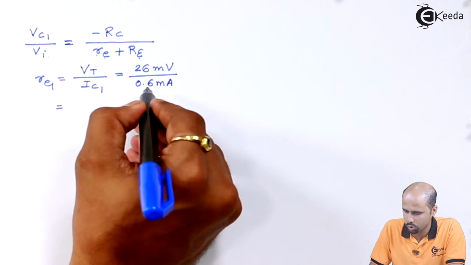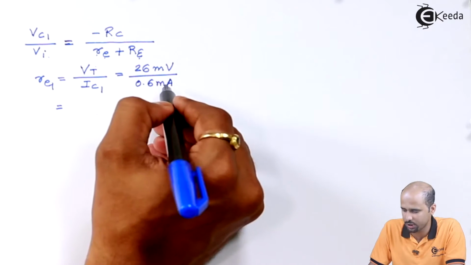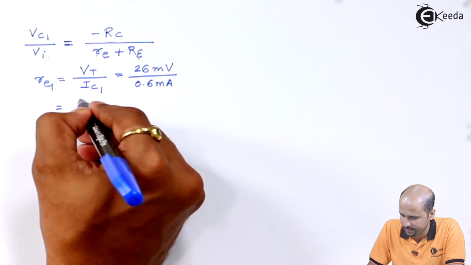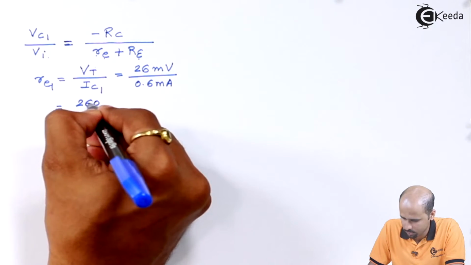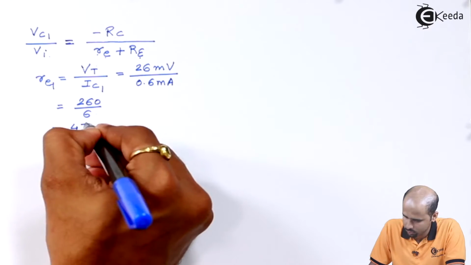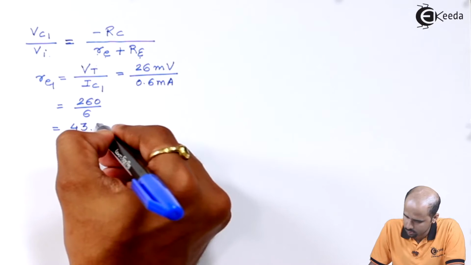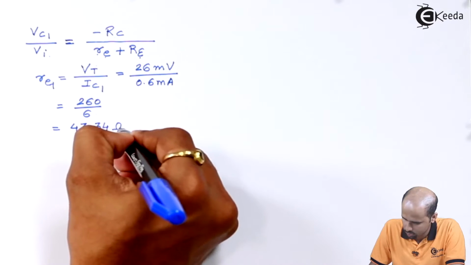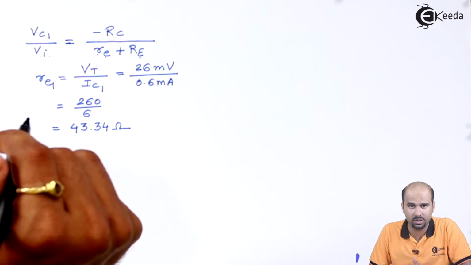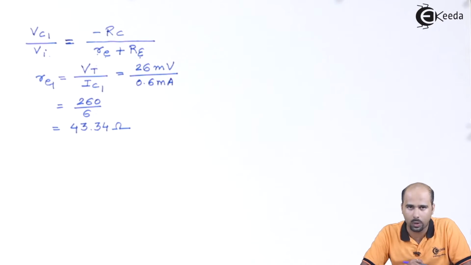Using this calculation, this will become 260 divided by 6. So here we will get nearly 43 ohm for re1.